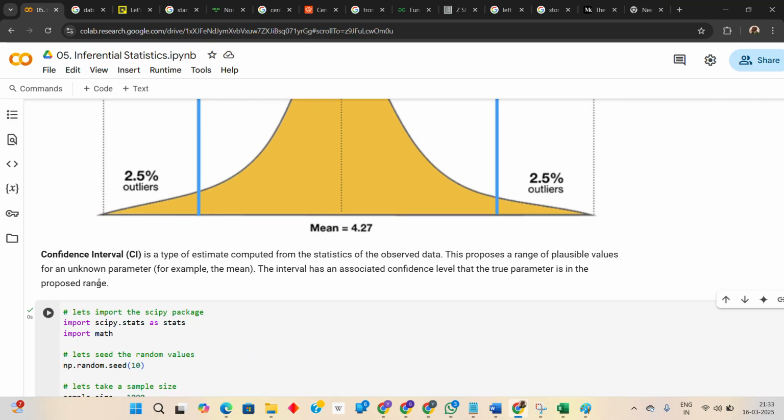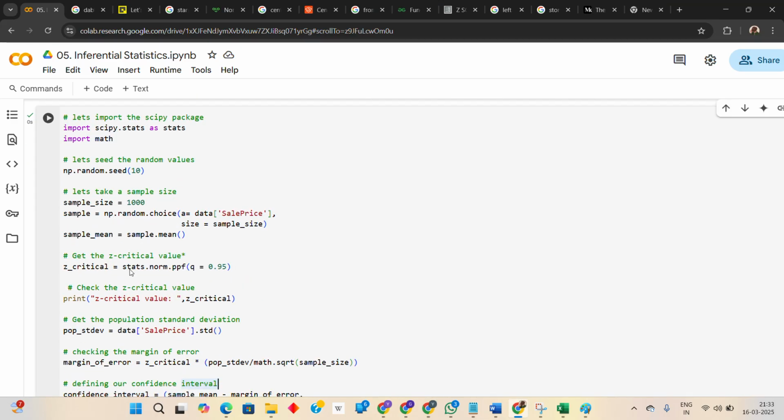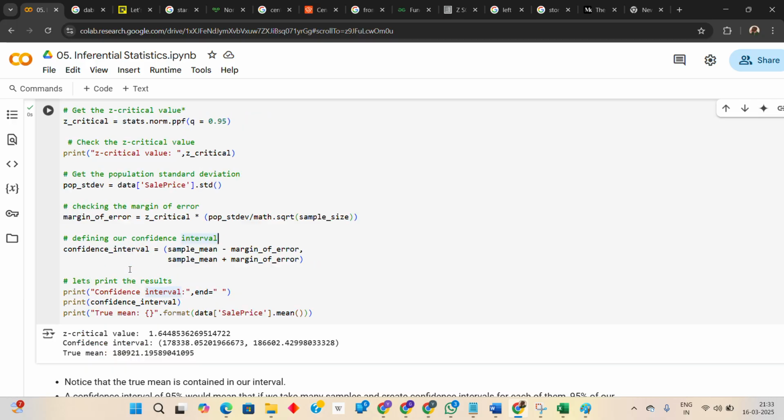So why square root of n? Why not normal n? Because mathematicians defined that this is the best way to get the margin of error. They have done a lot of research, and they finally confirmed the margin of error can be calculated effectively using this formula: Z critical into population standard deviation divided by square root of sample size, so that you will get the margin of error.